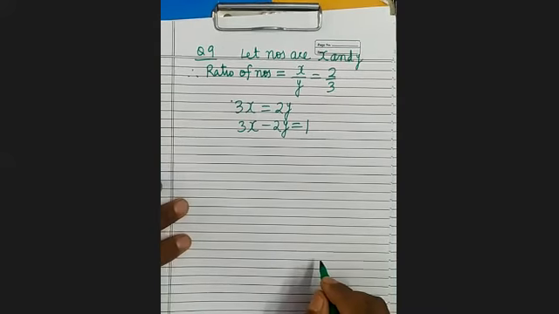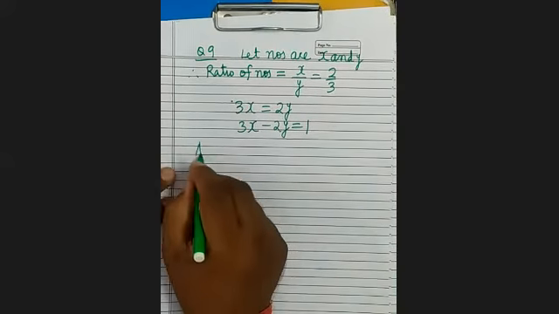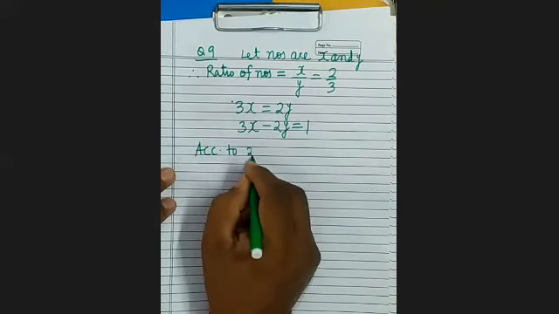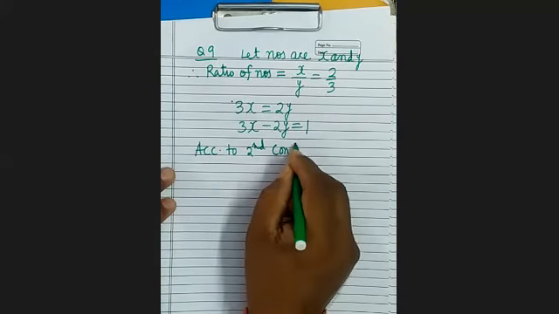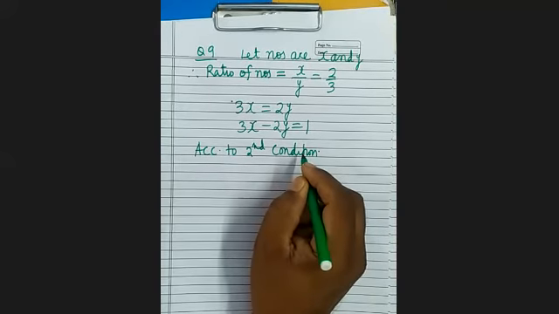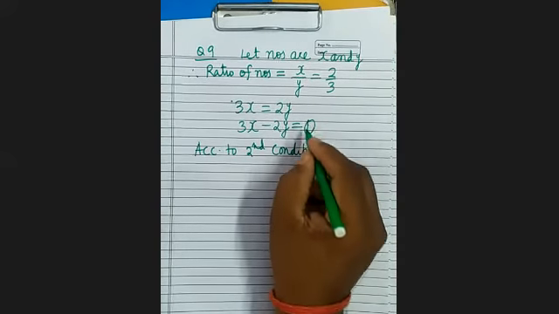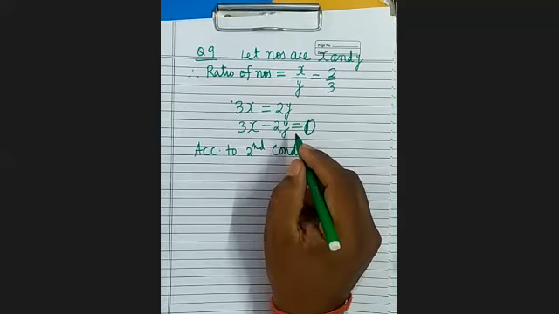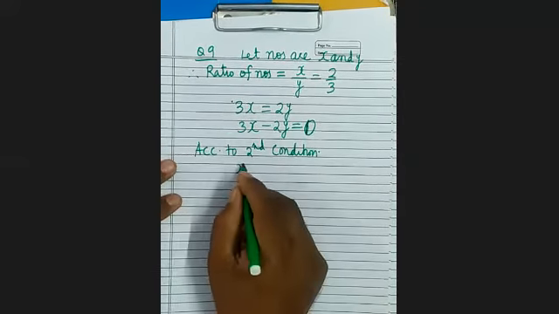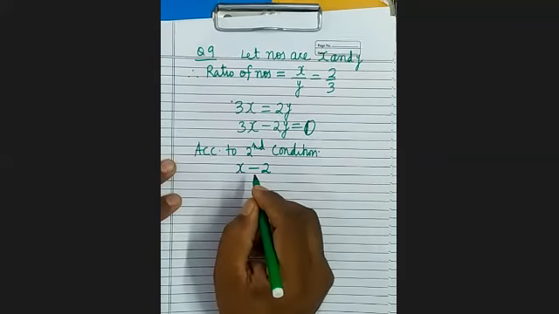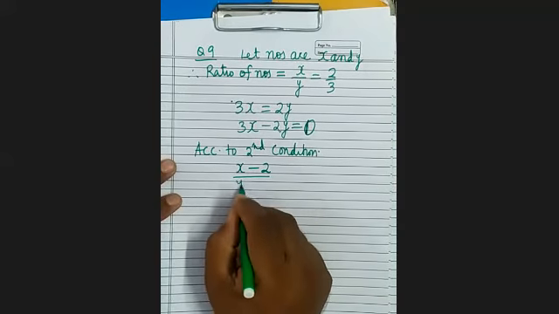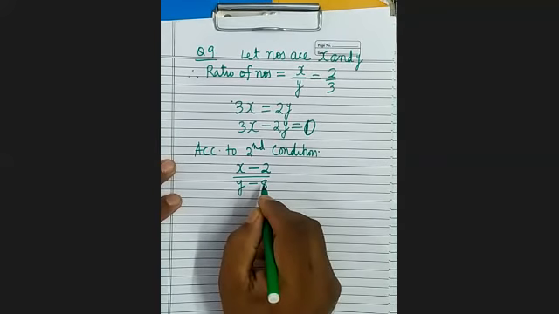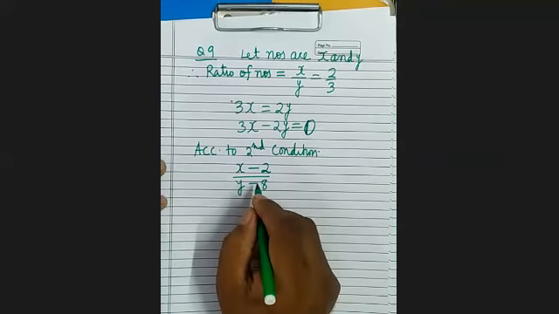Now according to the second condition, if 2 is subtracted from the first, meaning x minus 2, and 8 from the second, meaning y minus 8, the ratio becomes the reciprocal of the original.